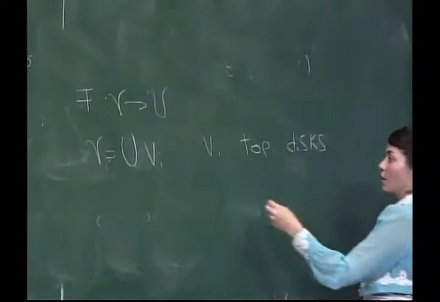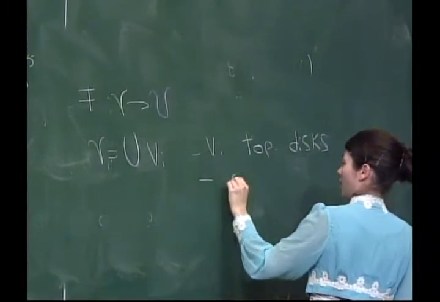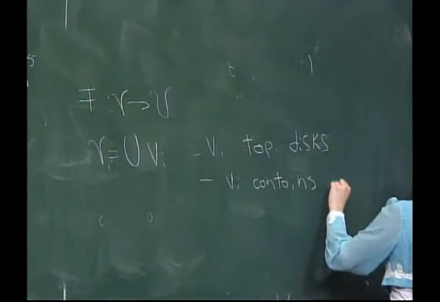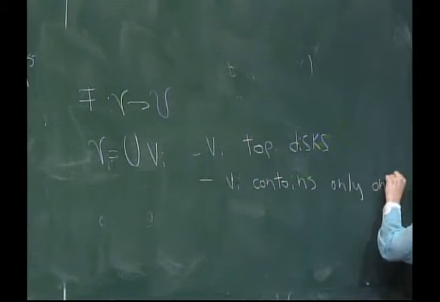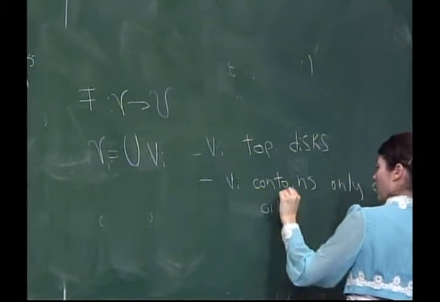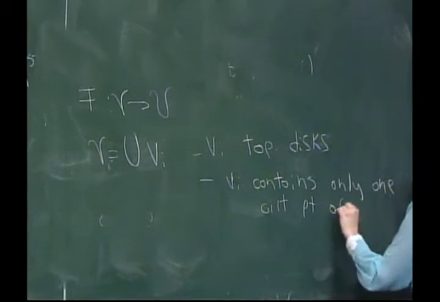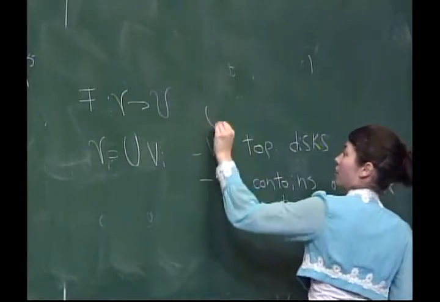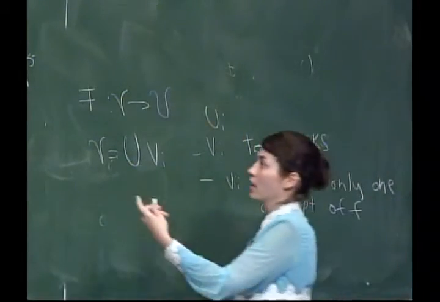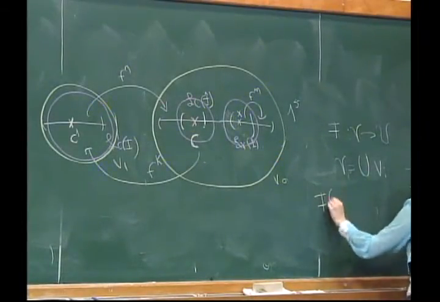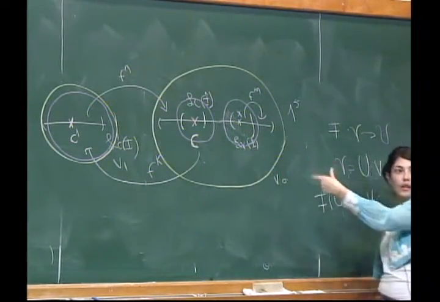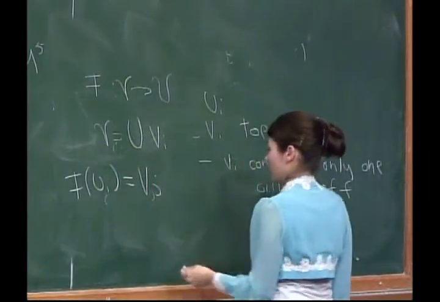Each of them contains only one critical point of F. And the U_i will be topological disks as well. And now the map is going to map F of some U_i as a covering to some B_j. So for example, this one gets mapped as a covering to this other one.